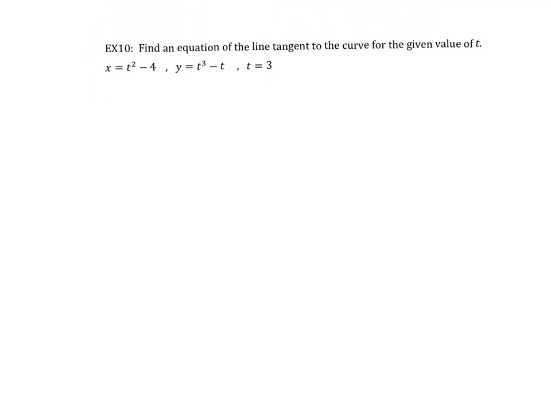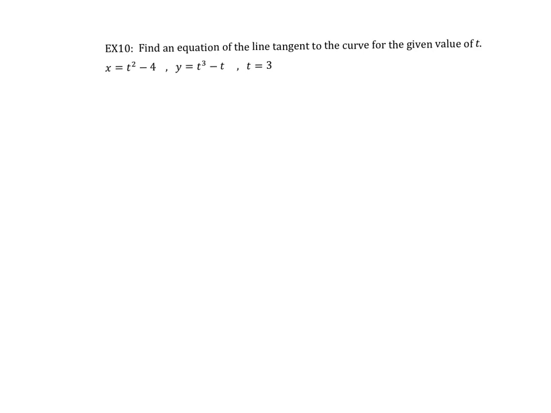Let's go to another example. In this example 10, it says find an equation of the line tangent to the curve for the given value of t. So I'm given a parametric equation. x is equal to t squared minus 4, y is equal to t cubed minus t.